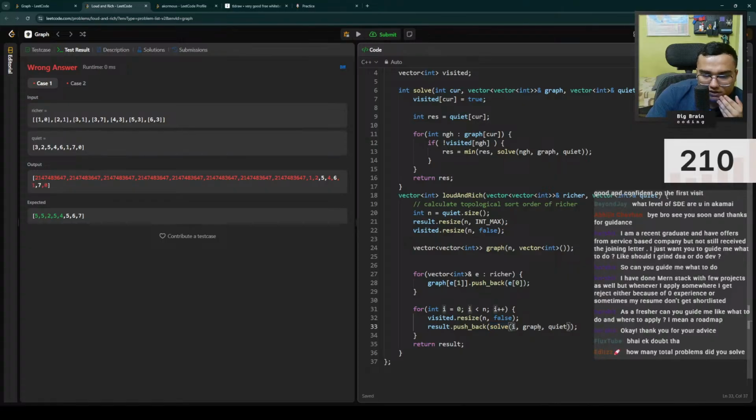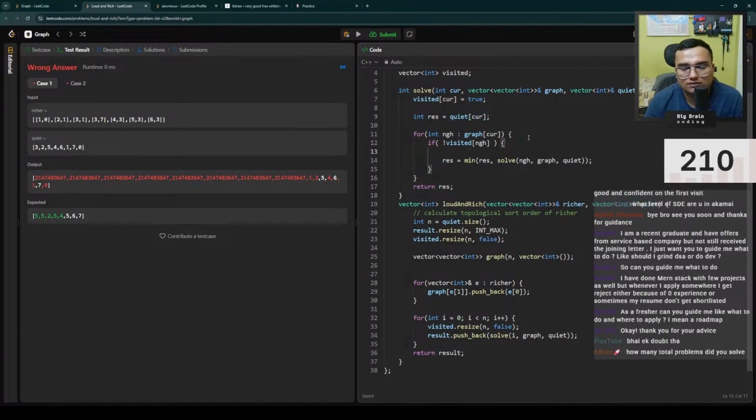Solve I graph quite. Visited of current true. Result equals quite of current for every neighbor. If it is not visited, pam para bam.